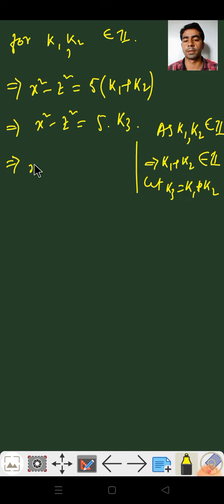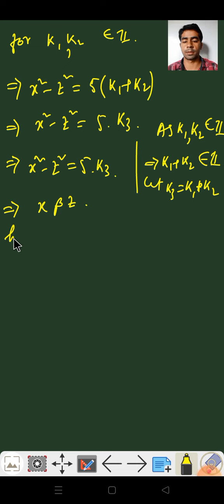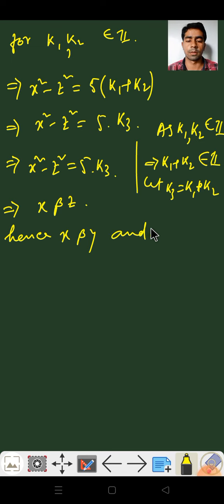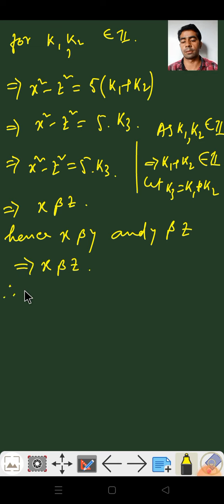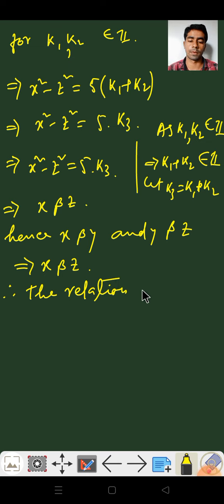This implies that x is related to z by the relation beta. Hence x is related to y, y is related to z, both imply that x is related to z, and therefore the relation beta is transitive.